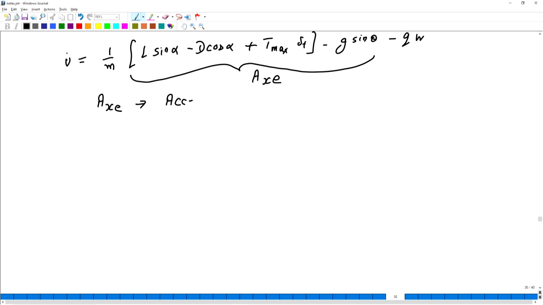AXE is the acceleration of the body with respect to the inertial reference frame.